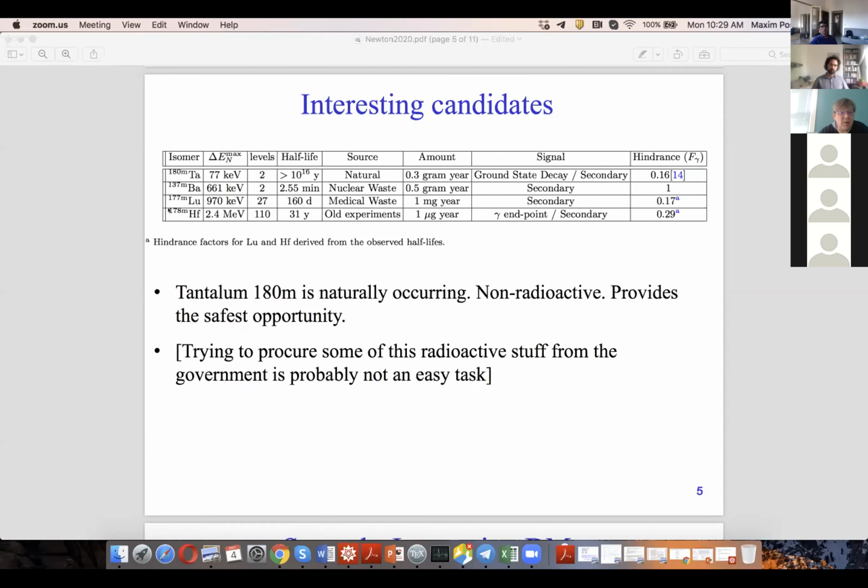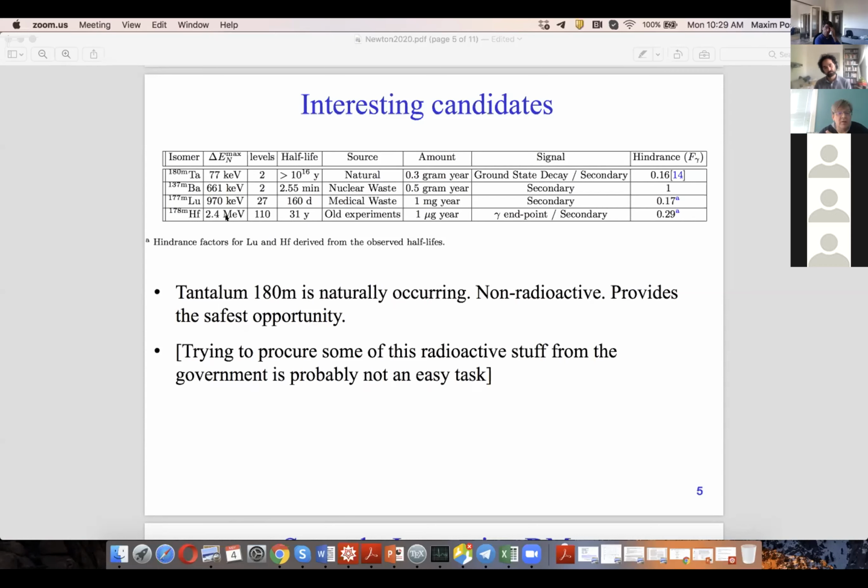But for example, this state of hafnium has an excess energy of 2.4 MeV relative to the ground state, and that lives 31 years. So if you are after inelastic dark matter, then you may want to consider those because they have such a big overload of energy.